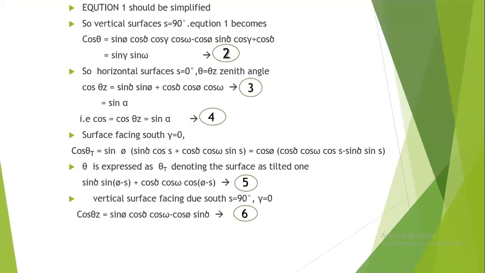In this slide we are simplifying equation 1. The long equation 1 is simplified with some assumptions. The first assumption is for vertical surfaces, we take S equal to 90 degrees.